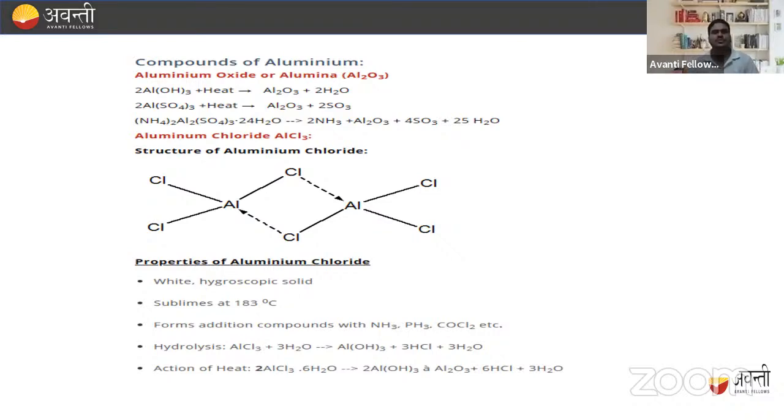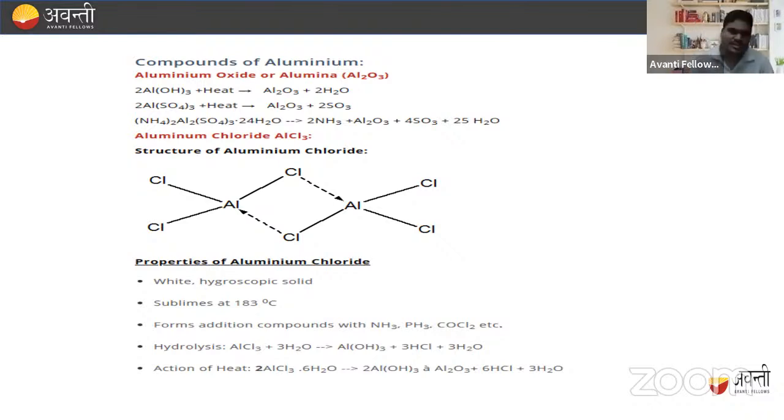We can prepare Al2O3 when aluminum hydroxide is heated. Similarly, when aluminum sulfate is heated, we also get Al2O3. Similarly, ammonium aluminum sulfate 24H2O will also decompose to give Al2O3. This is the method by which you obtain Al2O3.